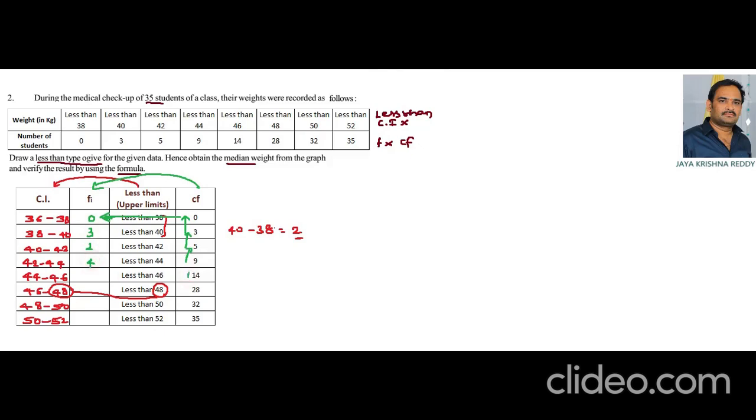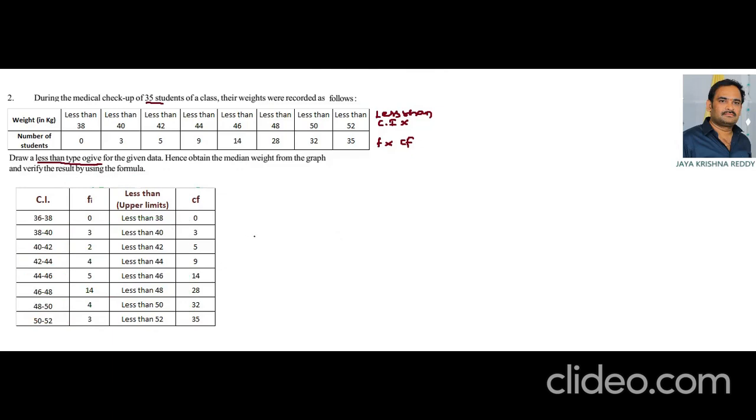And 14 minus 9, it is 5. And 28 minus 14, the value is 14. 32 minus 28 is 4, and 35 minus 32 is 3. Like this, by using the given two columns, less than and cumulative frequency, we can write the class intervals and frequency columns. This is the less than type cumulative frequency distribution.